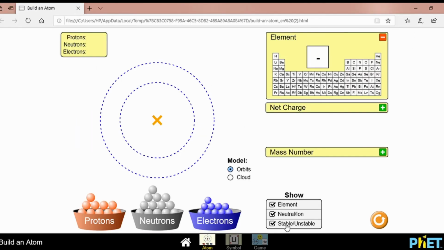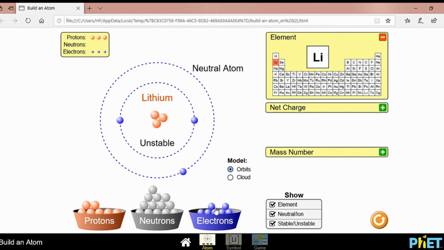Let's take another example in this simulation. If I have 3 protons, 3 electrons, and I want to make it a stable and neutral atom, I want to add some neutrons here.